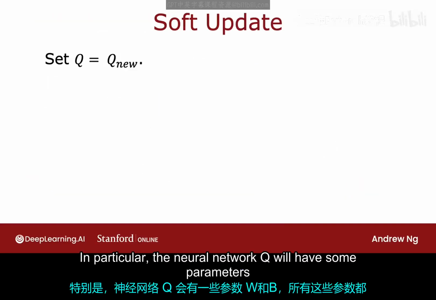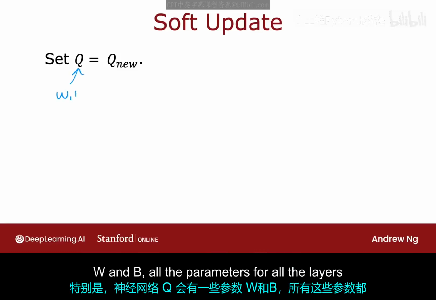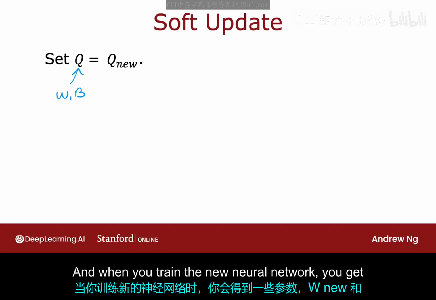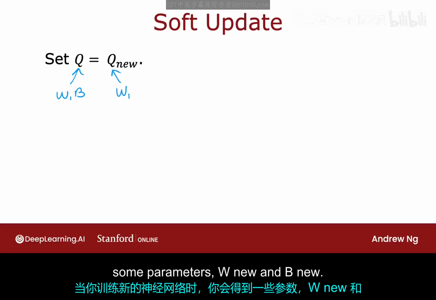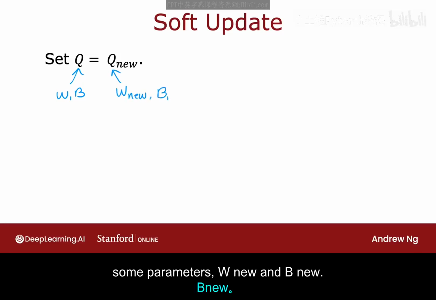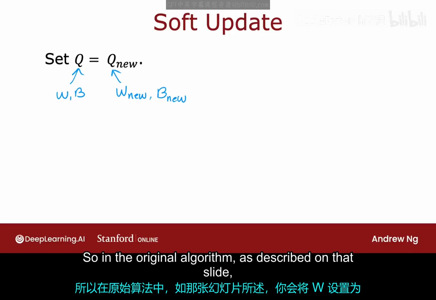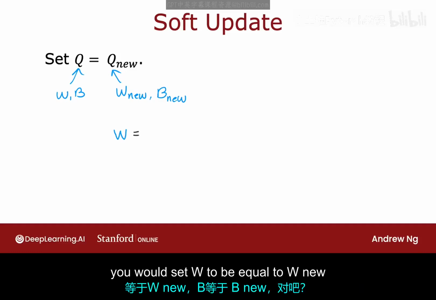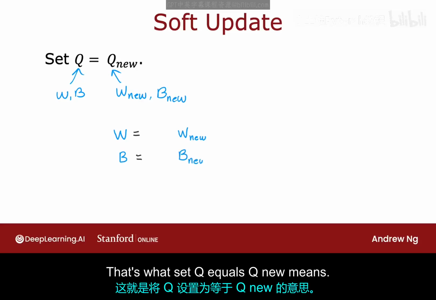In particular, the neural network Q will have some parameters W and B, all the parameters for all the layers of the neural network. And when you train the new neural network, you get some parameters, W new and B new. So in the original algorithm as described on that slide, you would set W to be equal to W new and B equals B new, right? That's what set Q equals Q new means.